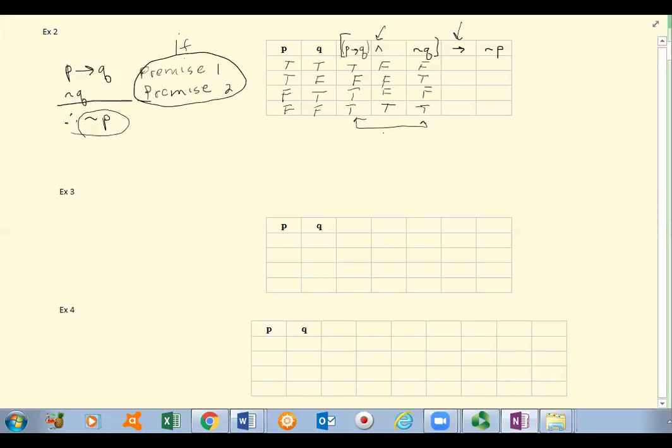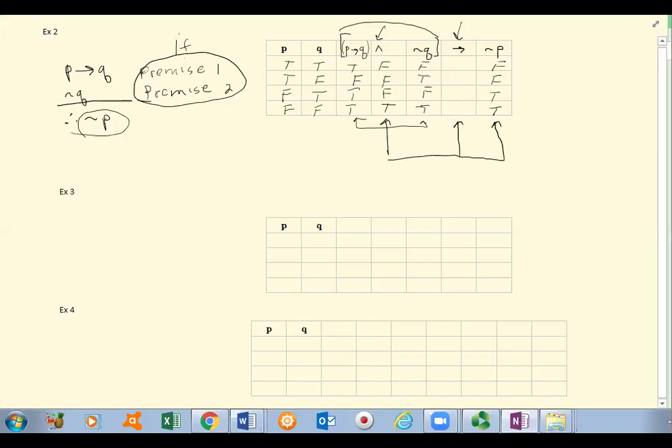Now that middle column is the entire value for the left side of this original statement. We found the center column in here. Those are the values for each of the four cases for this whole left side. Now over here we have a not P, so just copy over false, false, true, true, because we're going to look at these two to form our final conditional.